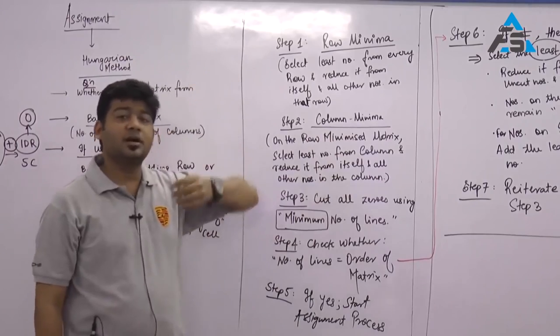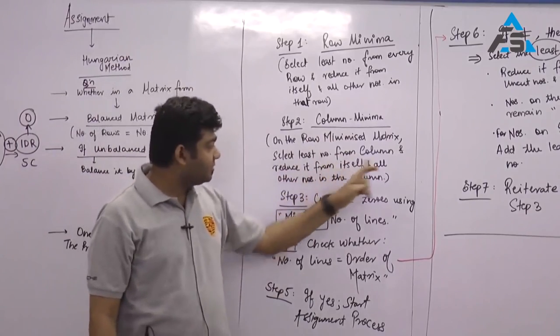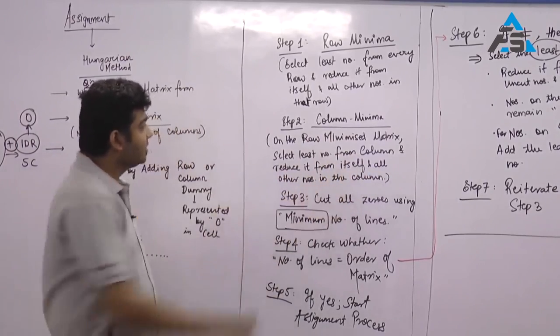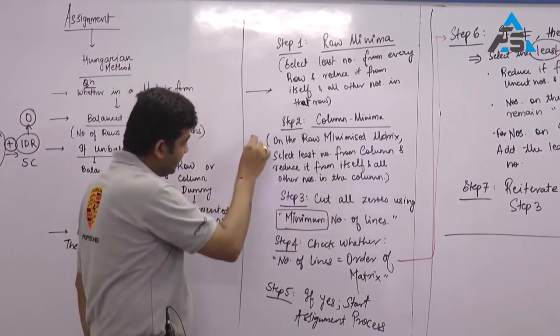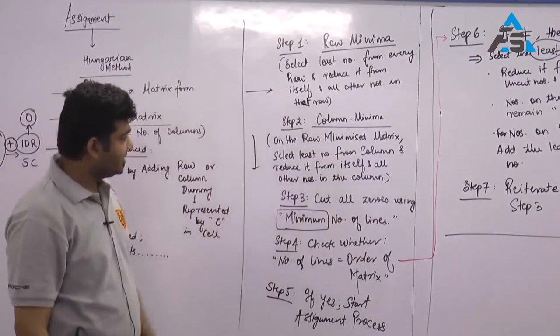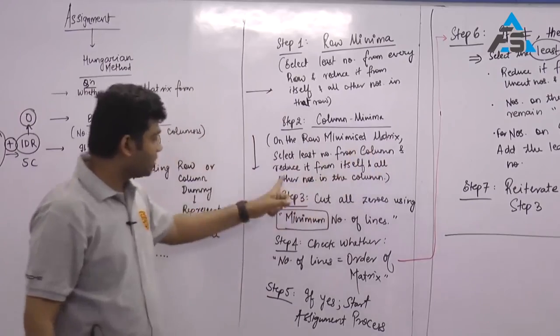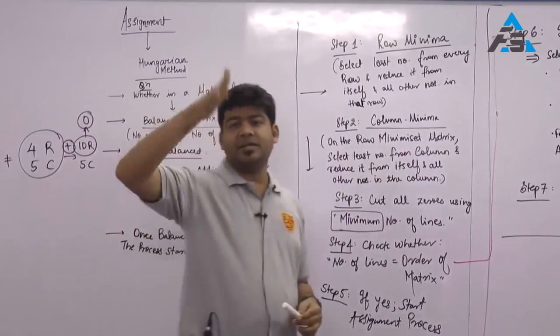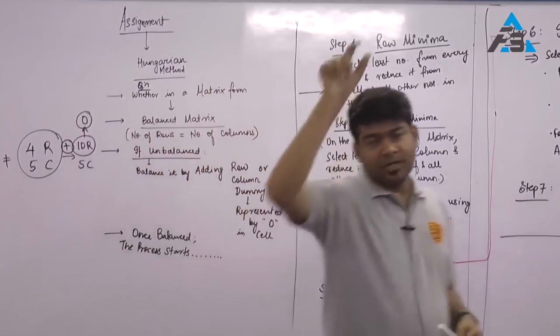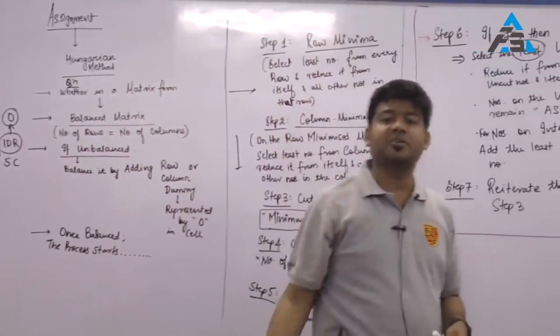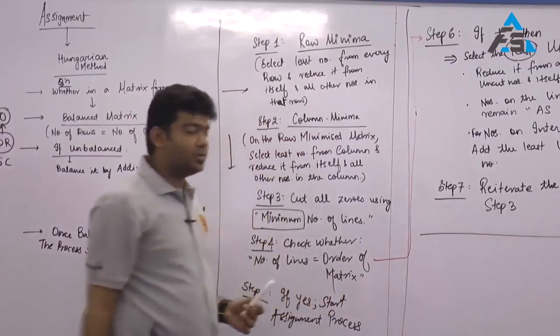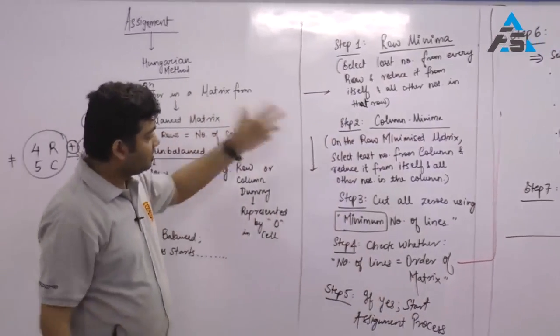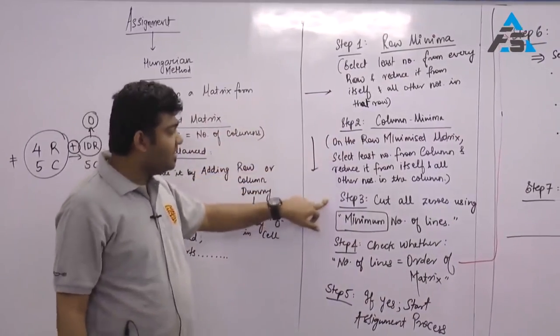So now I will select the column and reduce it from itself and all other numbers in the column. Select least number from the column and reduce it from itself and all other numbers in the column. And if there is a 0 already there in the column, then the numbers in the column will remain as it is, because 0 when reduced from any other number, the number will retain itself. Step 3.